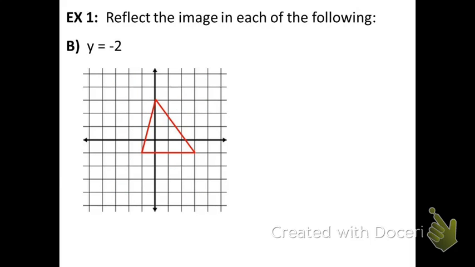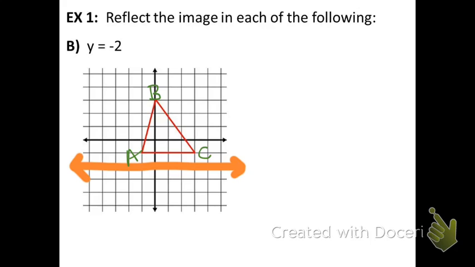B asks us to reflect into a line. The line is y equals -2, so we have to decide where that is. It's right here. And we're going to fold over this, so we're going to take each point. I'm going to label them A, B, and C again. And we're going to say, how far is A from this line?